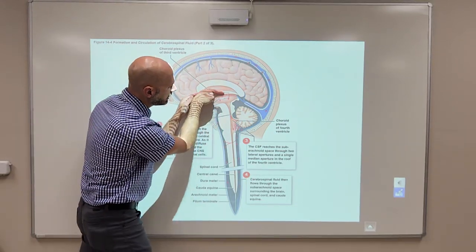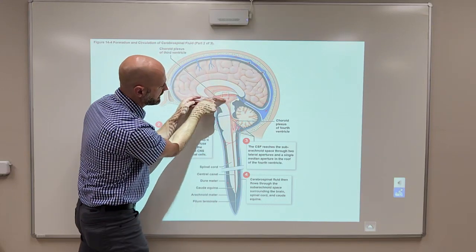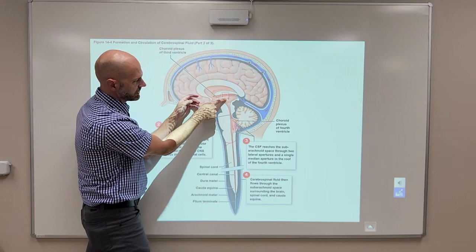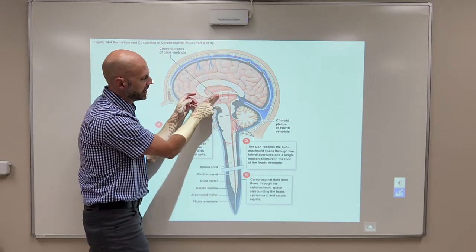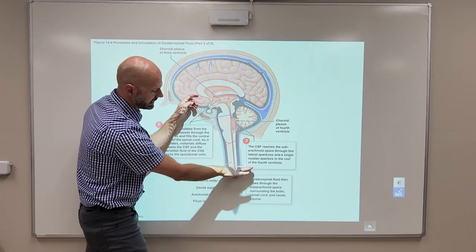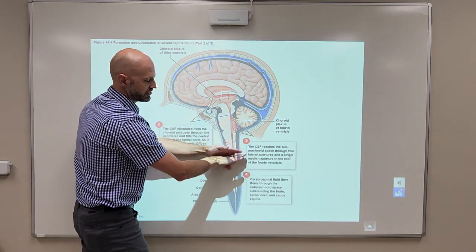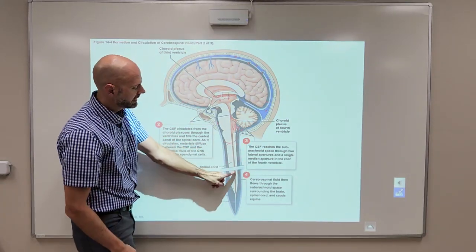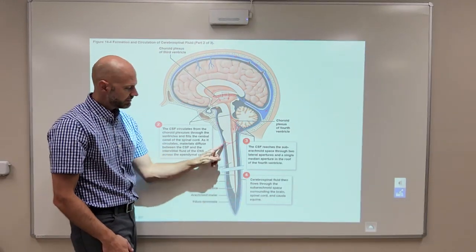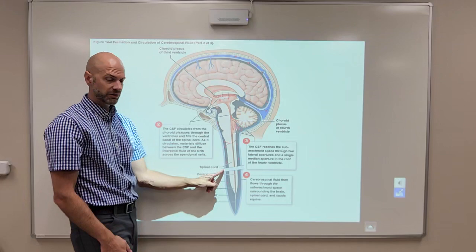But the flow goes down the central canal through all these different aqueducts that connect the ventricles. All the ventricles are connected, and they connect to the central canal, which is here, runs all the way down the spinal cord. You can see there's a line of division suggesting that this is much longer. Okay, the fluid can leak out the bottom, okay, and surround the front and the back and all around the spinal cord.